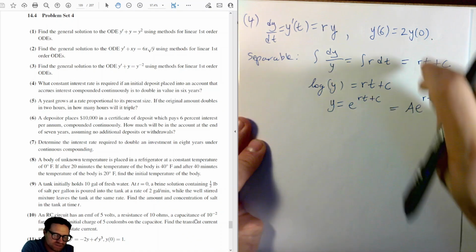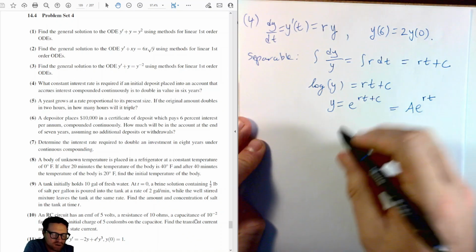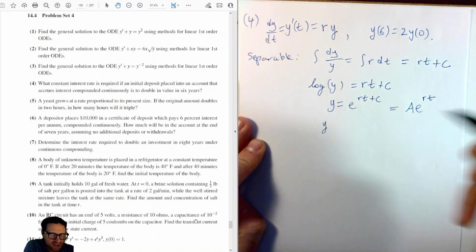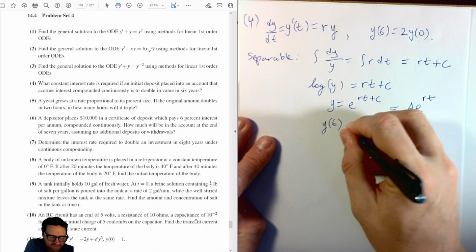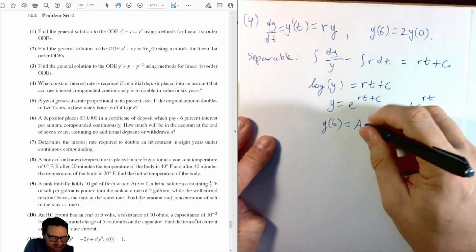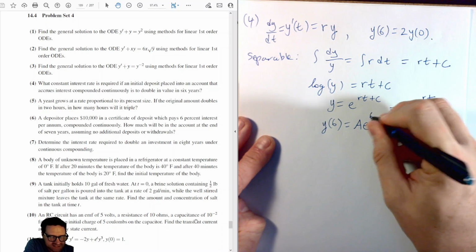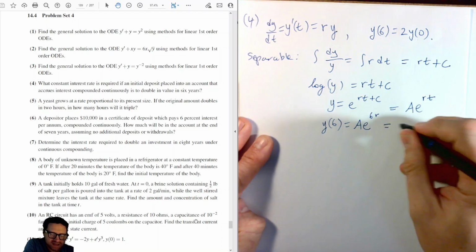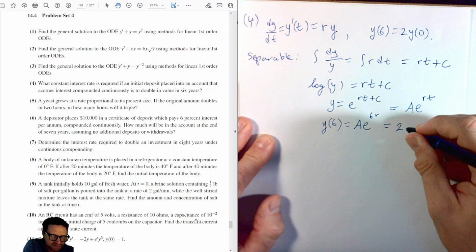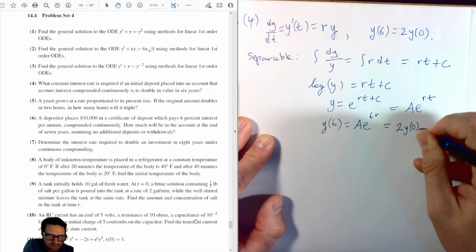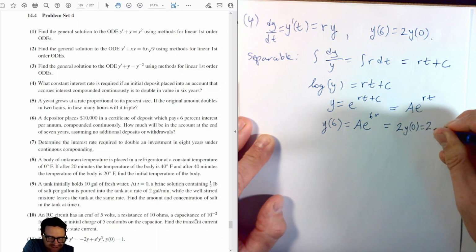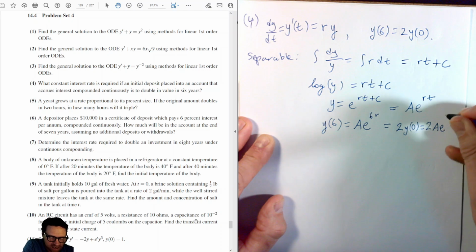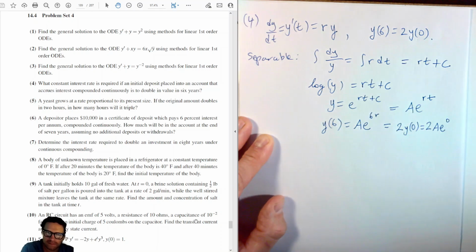Okay, now let's use this. So y of 6 is equal to a e to the power of 6r, and that's equal to 2 y of 0, which is 2 a e to the power of 0 times r.